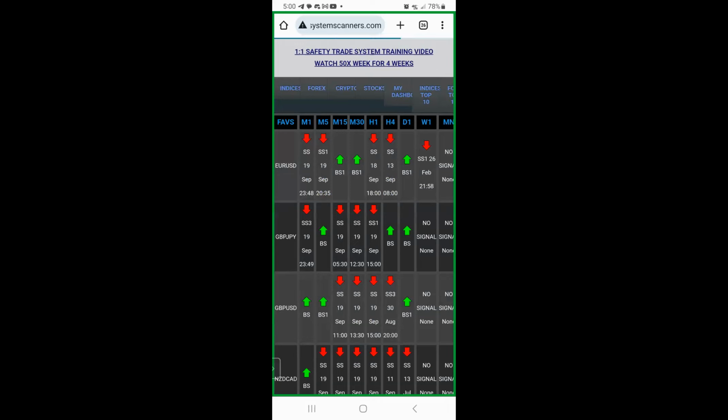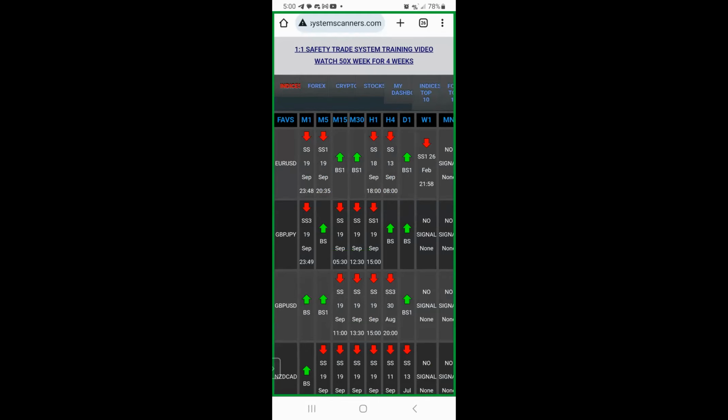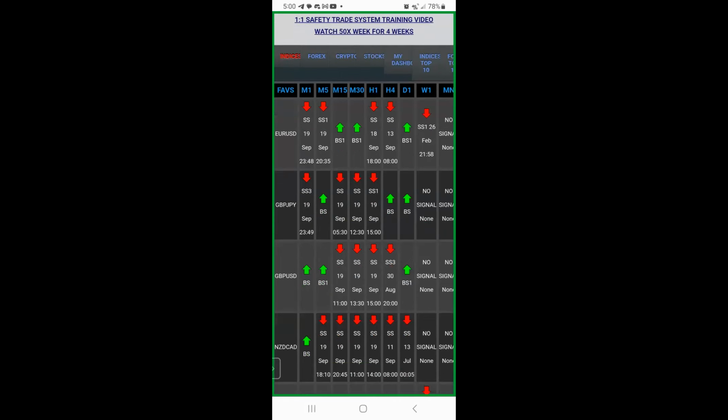So we could go over there on indices, and over there on indices, you're going to see your NASDAQ and your S&P and your gold and your Nikkei, the Japanese 225 and all these other indices. It's so slow on the phone, but you get the idea. Hundreds and hundreds and hundreds of trade opportunities.